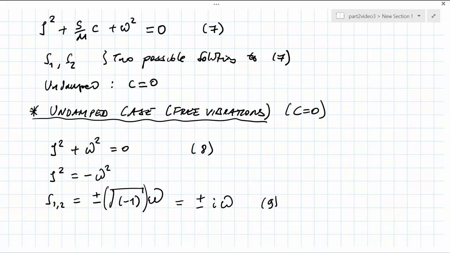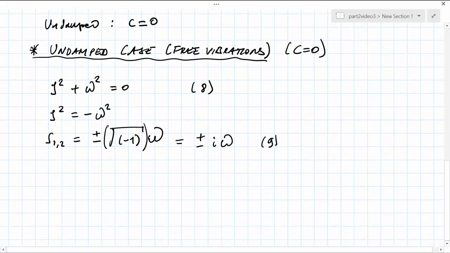If we remember equation 6 from video 2, we said that a solution for the type of system we are analysing can be expressed as G being equal to G bar exponential i theta.